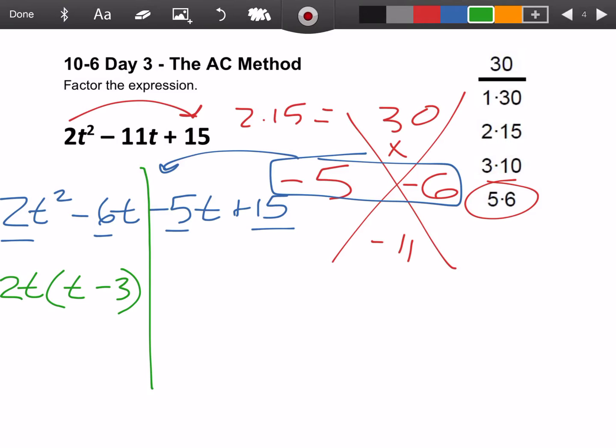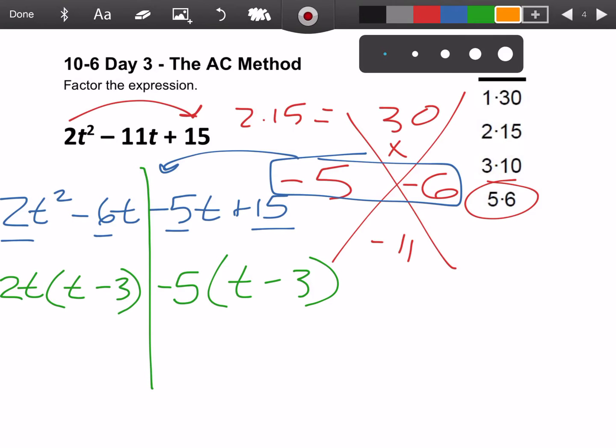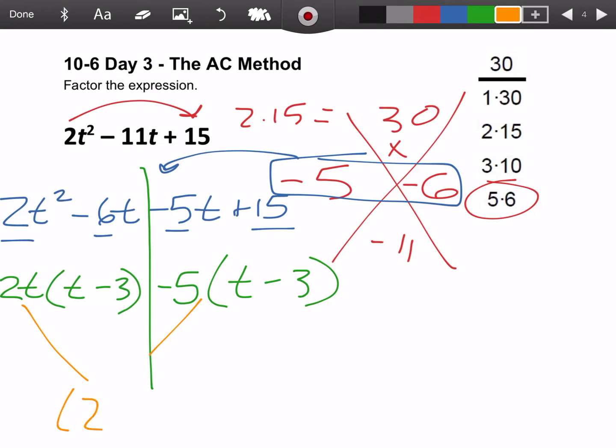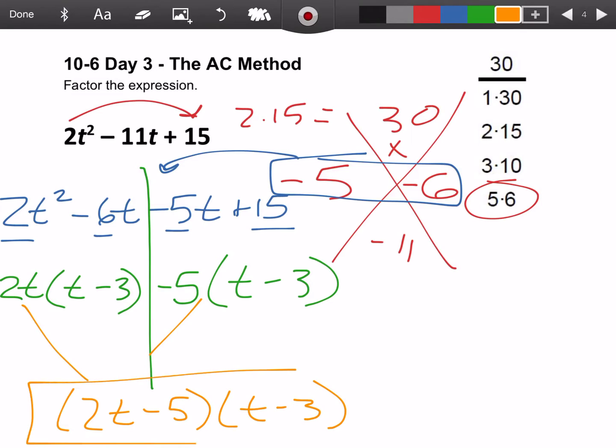On the right hand side, I have to do that again. I have to factor out a negative 5. So I'm going to factor out a negative 5. Here I have t minus 3, because 15 divided by a negative 5 would give me a negative 3. So I have to put these together. I have 2t minus 5, t minus 3.